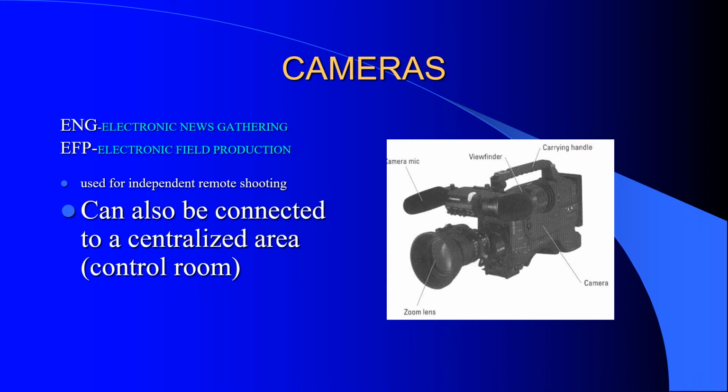Many TV stations, particularly medium and smaller markets, use these cameras as their studio cameras so that they can be set up to be connected to a control room and are used as the primary cameras for shooting in-studio videos.